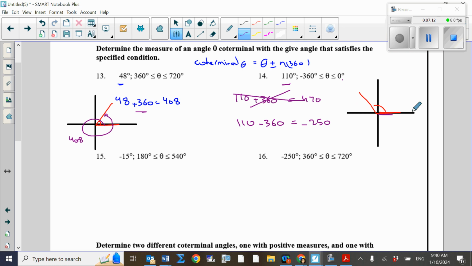We could go either direction. In this case, we're going to go to the negative direction and stop at the terminal side. And as you see, this is going to be negative 250 degrees. This part was 110. This is the original angle, and the coterminal is the angle that will start from the initial and end at the terminal side.